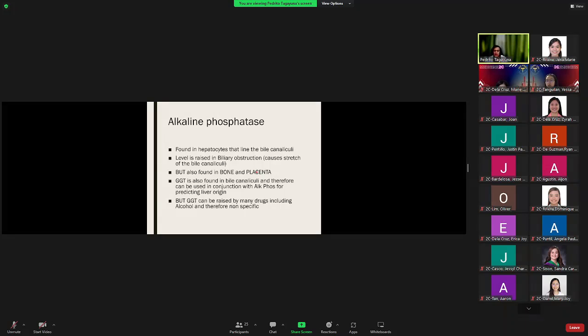So you need another test such as GGT, which is found in the bile canaliculi, but can also be increased in cases of, I mean, certain drugs and alcohol. So, okay, class, there's an interplay of these enzymes.